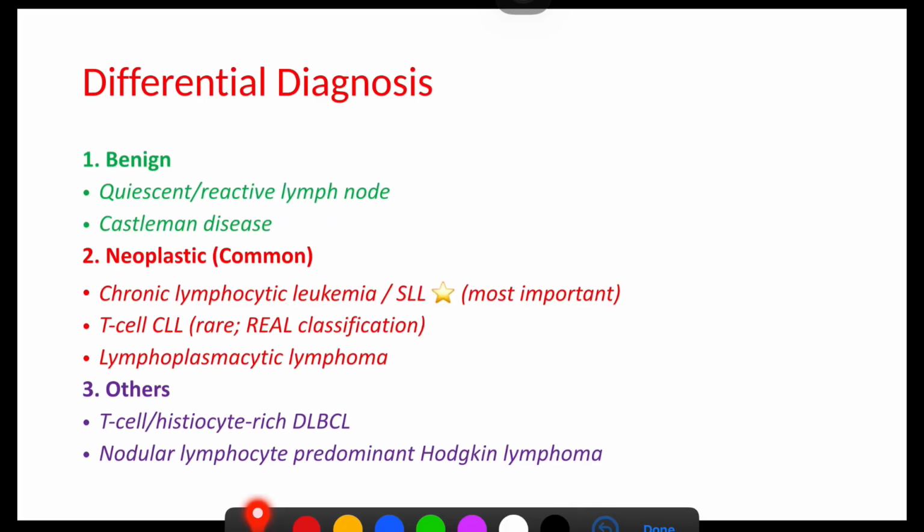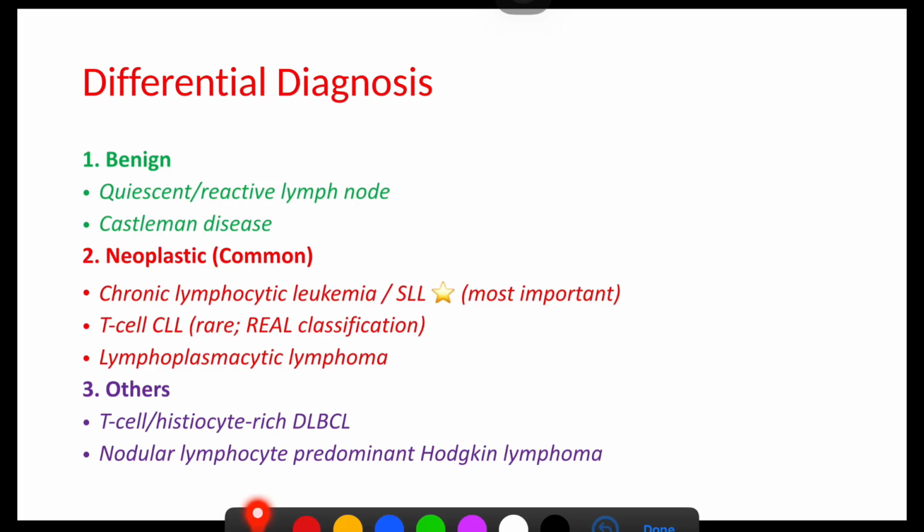So, what are the differential diagnoses? In benign conditions, it is quiescent or reactive lymph node and Castleman disease. In neoplastic conditions, the common ones are chronic lymphocytic leukemia or small lymphocytic lymphoma, which is the most important for this pattern.